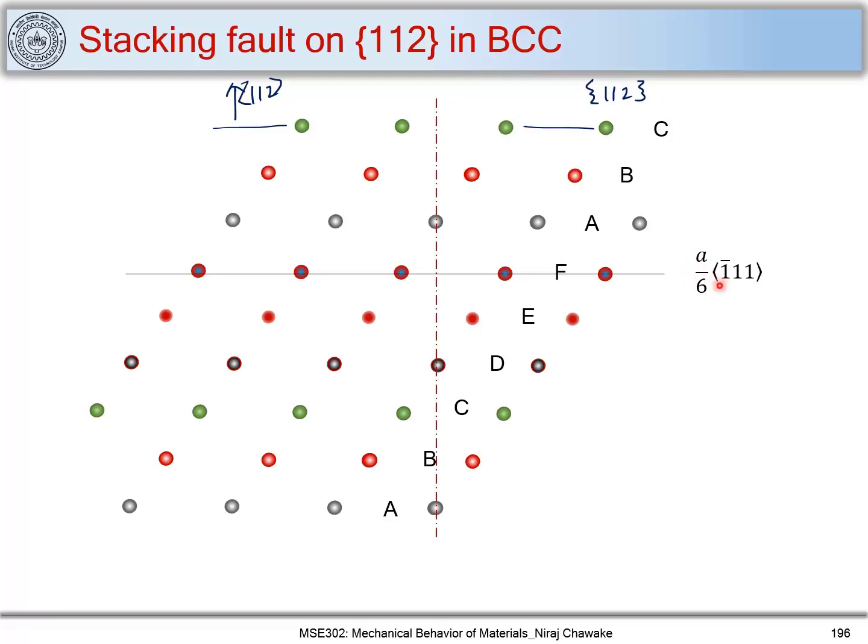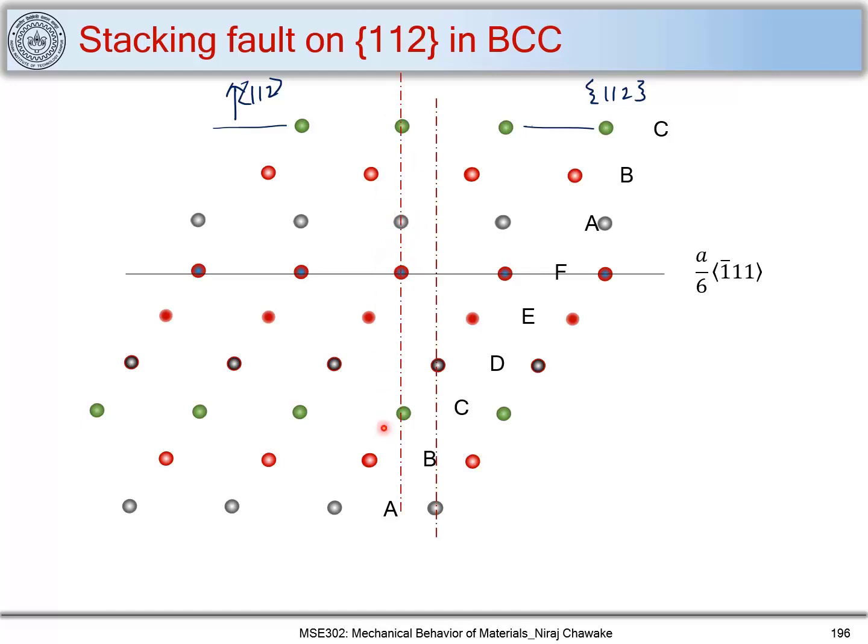So let's do that. When I move it in this direction, what I see is that these atoms will fall over each other, and these are just above each other. So this configuration, or the energy configuration, will be very high.